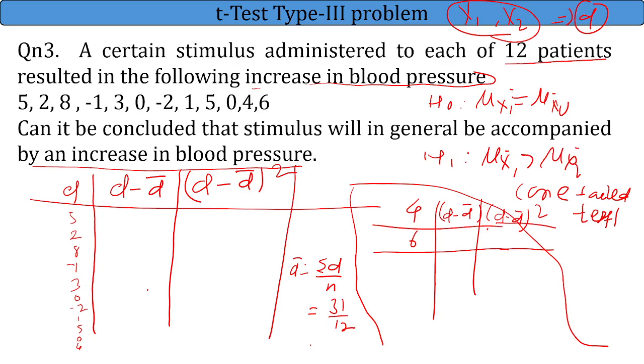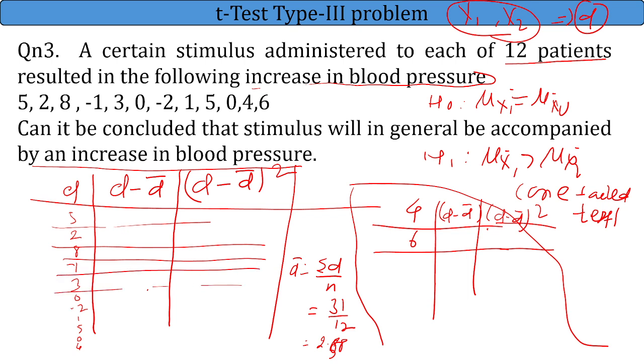Is it correct? Done? So D bar is 2.58. Correspondingly, we'll calculate the squared deviations of D minus D bar. I have kept this on paper, so I'll just write it here.